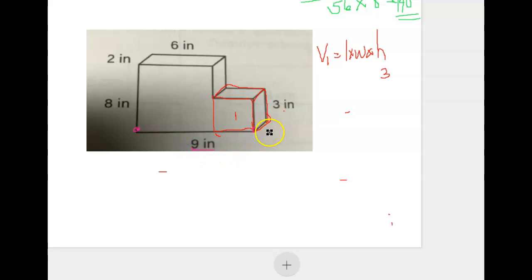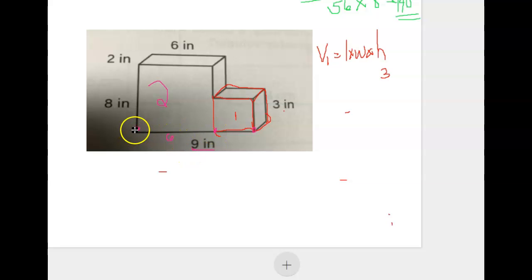Okay? But the length of this box is not all of this. It is just from here to here. How long do you think this is? So look at the other box. The length of box 2 is 6 here, which means from here to here is 6.